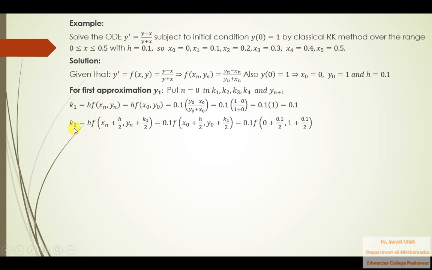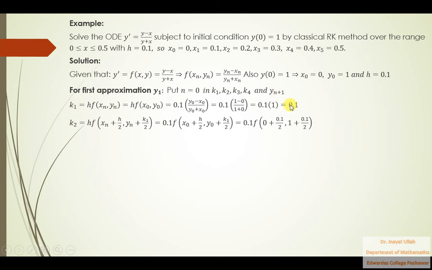Now we know that k2 is h times function of xn plus h by 2 comma yn plus k1 by 2. But we need to put n is equal to 0 in this formula. So that will become x naught plus h by 2, and y naught plus k1 by 2. But x naught is given to you as 0, h is 0.1, and k1 is 0.1, which you have obtained in the previous step.